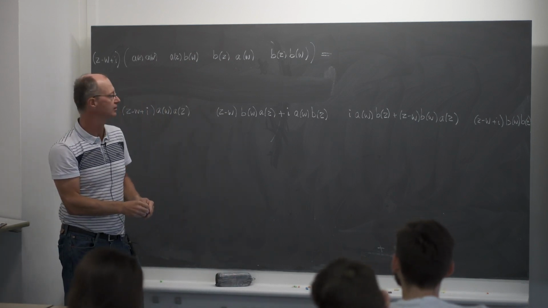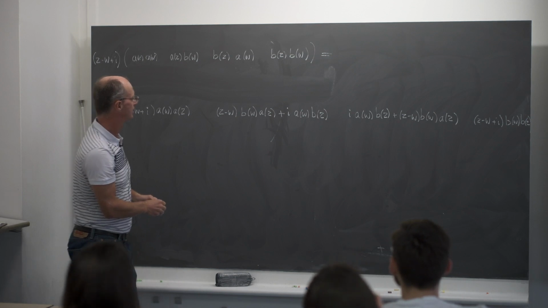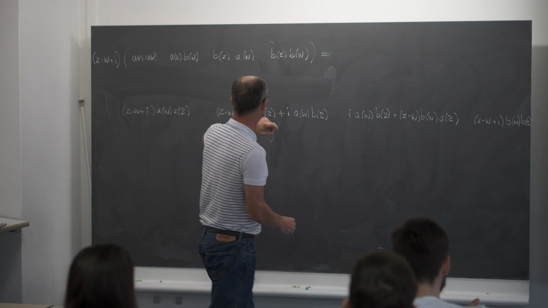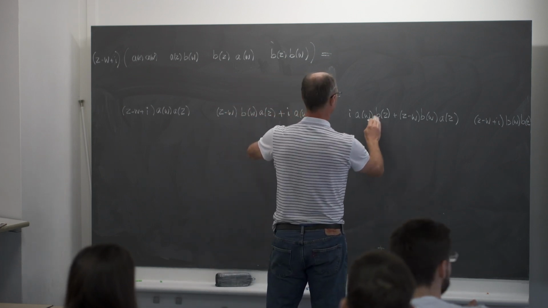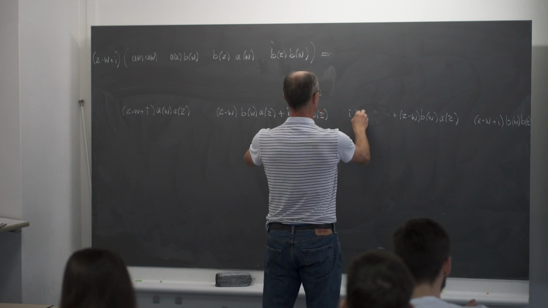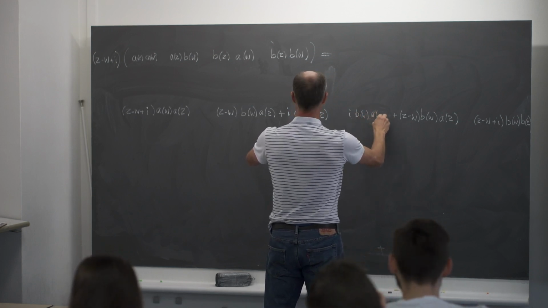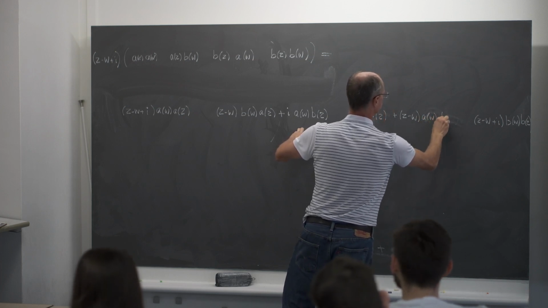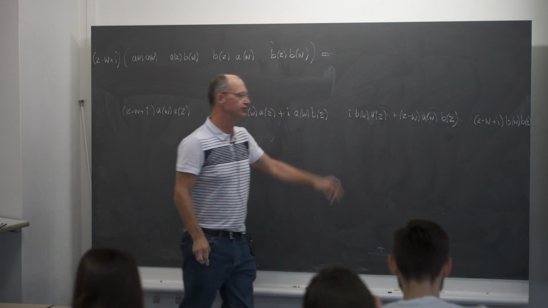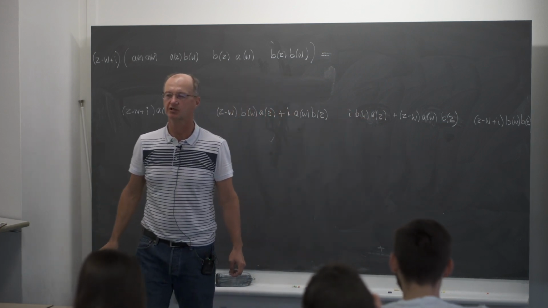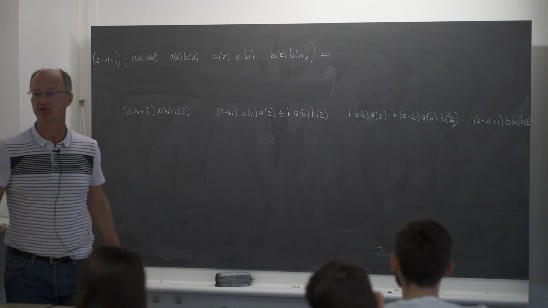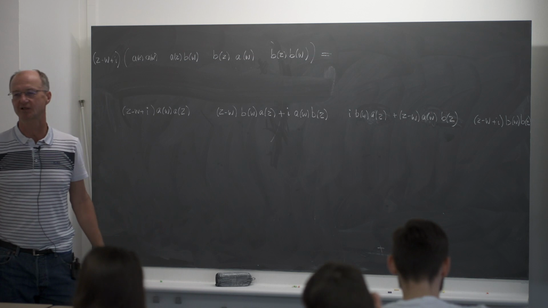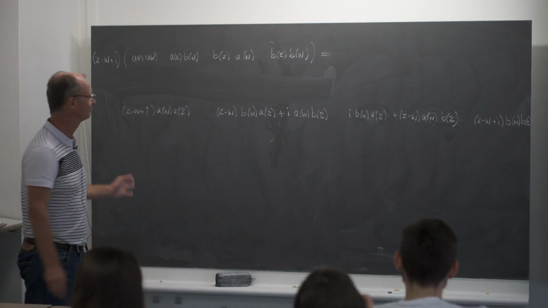The third term is not correct. So this is B of W, A of Z, and this is A of W, B of Z. Thanks. Actually, that's the third term that I was interested in, so I better get it correct. I must admit it was a kind of horror story in preparations. So I think I get it correctly once in 3 times, so kind of.